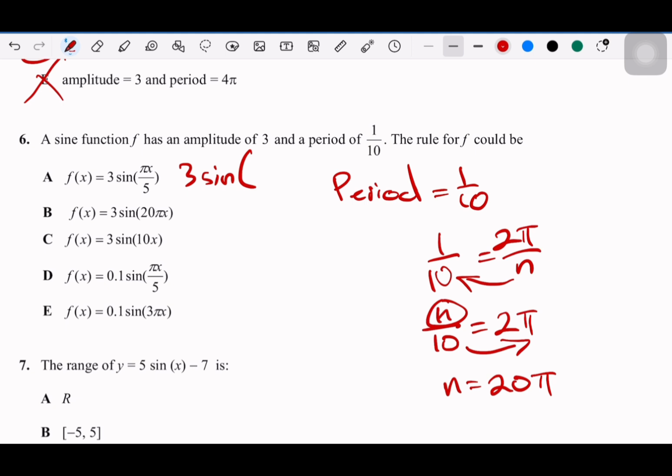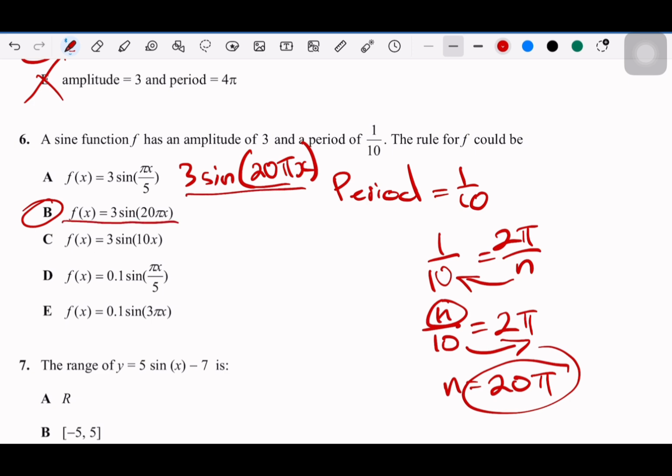So the equation you're going to be looking for here has 20 pi x. That's how you find the coefficient of x. And so our answer is going to be B, because as you can see, the equation matches the one we got.